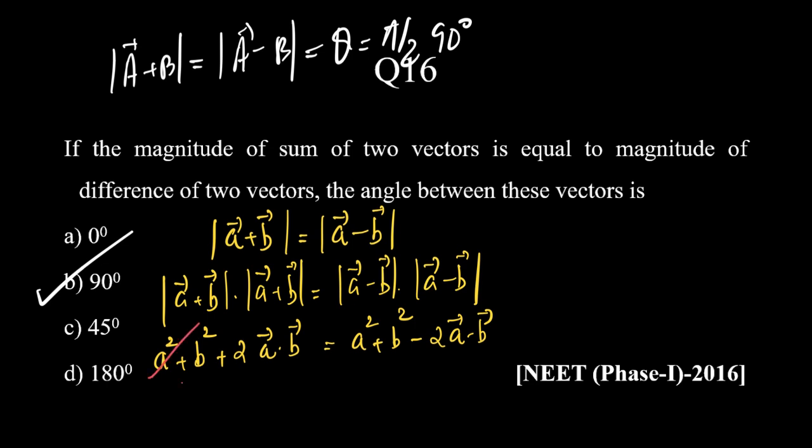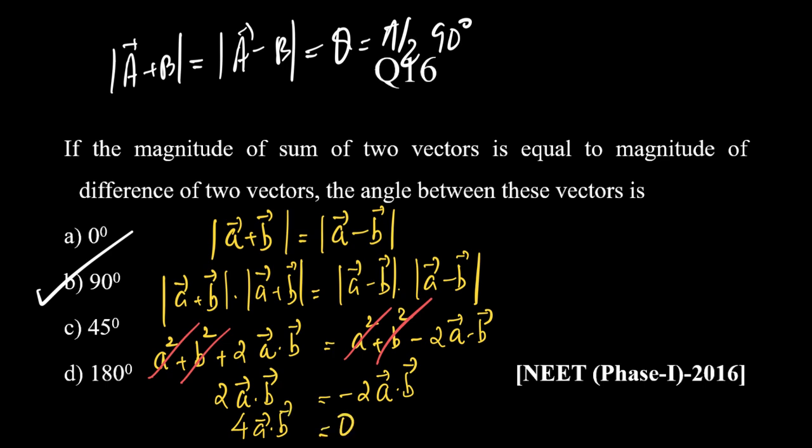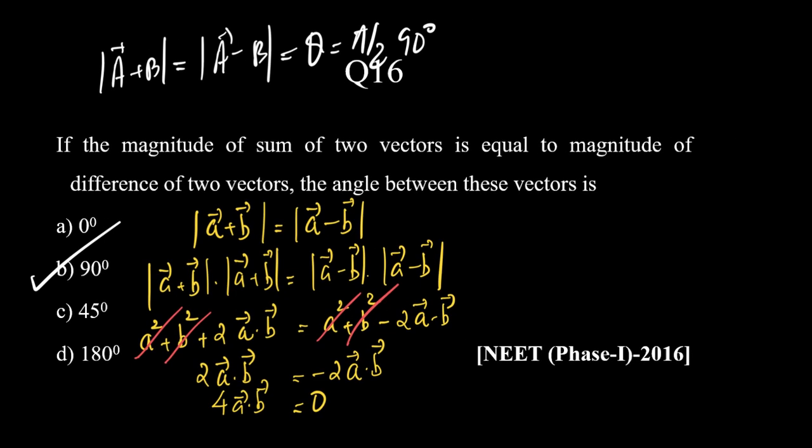So a square and b square will cancel. What else do we have? 2 a dot b is equal to minus 2 a dot b, and therefore 4 a dot b is equal to 0. See, when we say 4 a dot b is equal to 0, 4 definitely is not equal to 0. So then what can be equal to 0? A dot b is equal to 0.